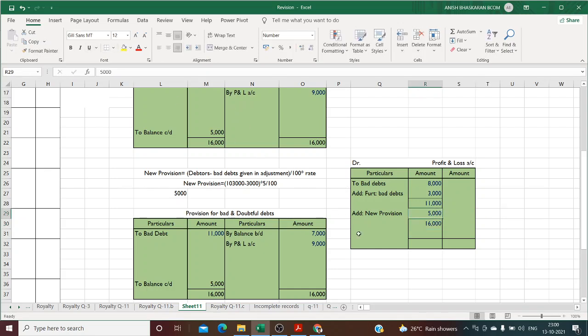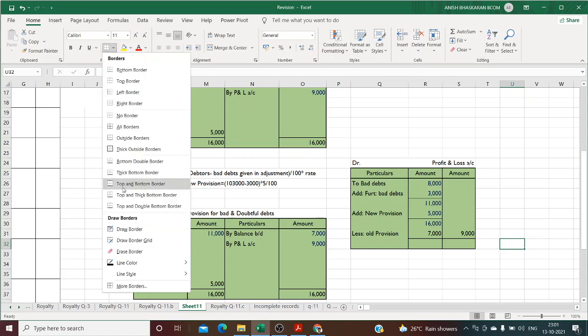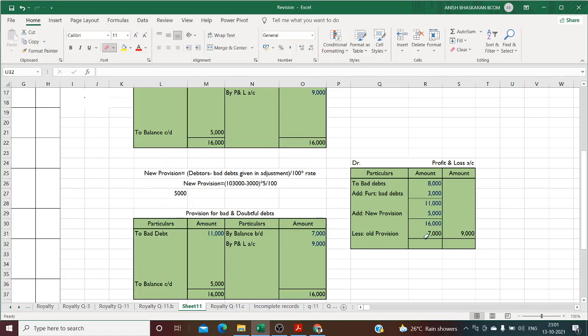Then less old provision, 7,000. So outer column amount will be 9,000. This is the amount actually debited in P&L account. Is it clear? Now the effect should be shown in the balance sheet. Now this is balance sheet.